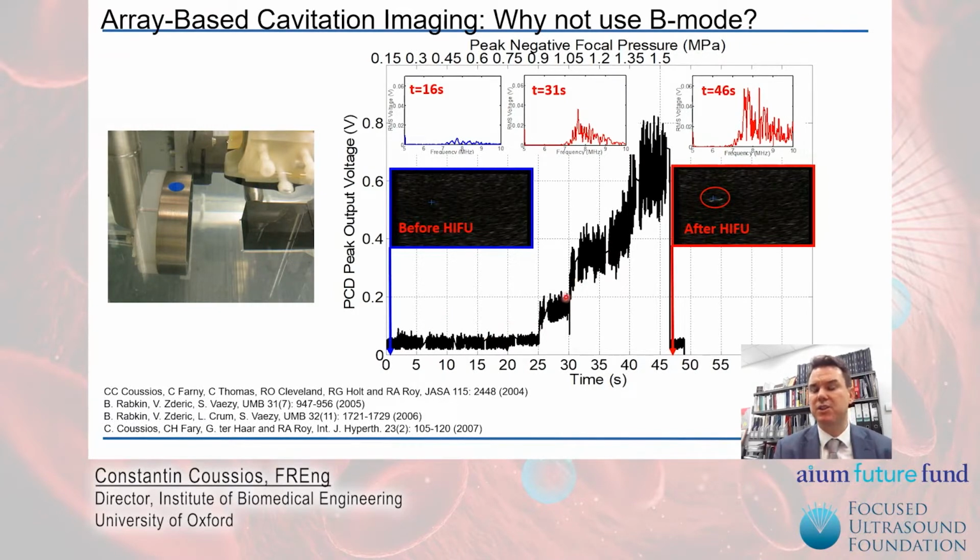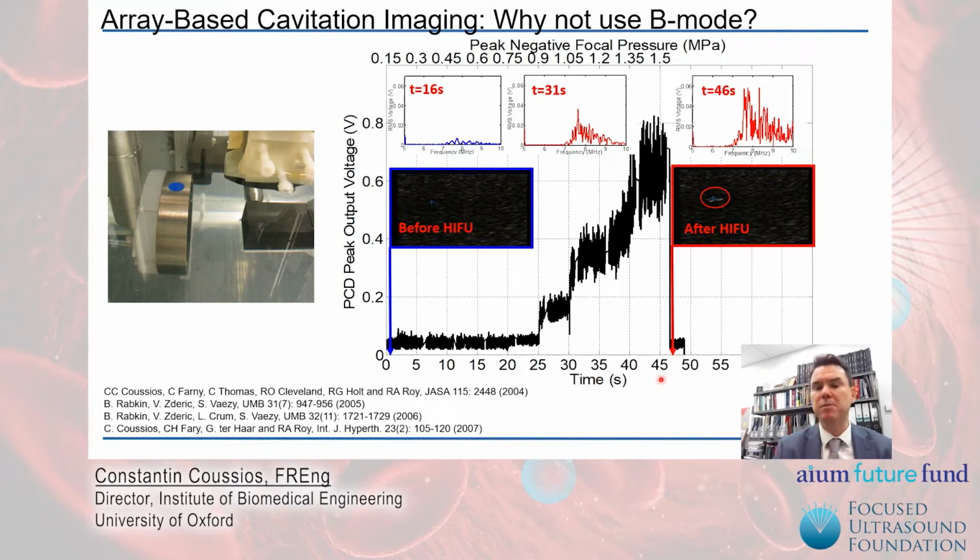The passive cavitation detector signal is shown here in black, and the earliest onset of B-mode hyperecho is shown here in red. And what these studies showed in various shapes or forms is that it was perfectly possible for substantial cavitation to exist long before it ever became apparent on a B-mode image.